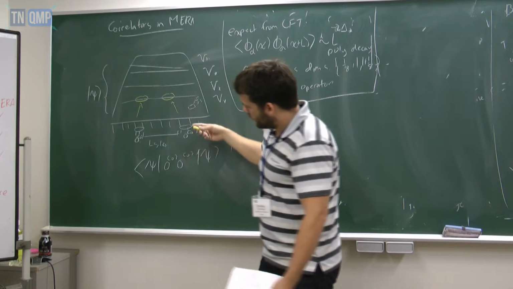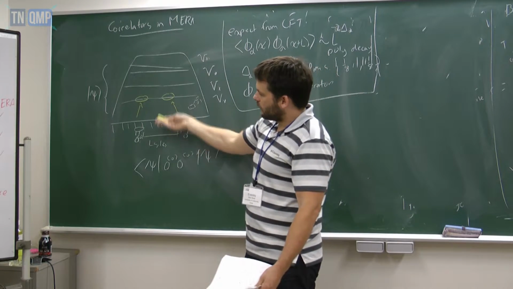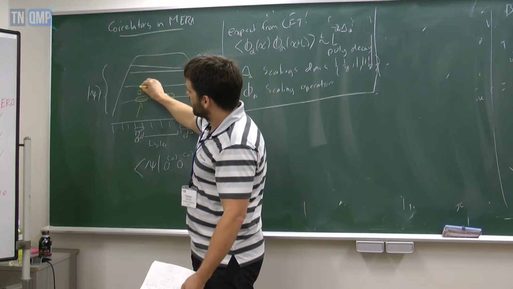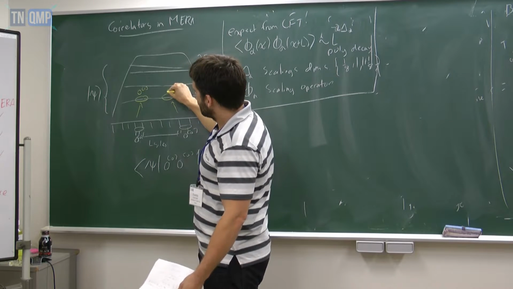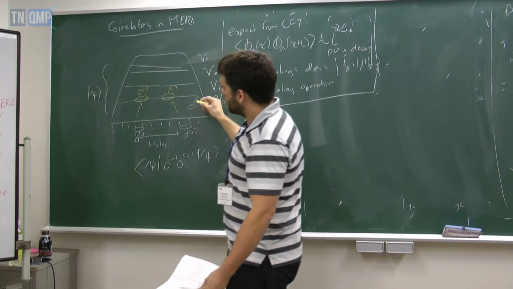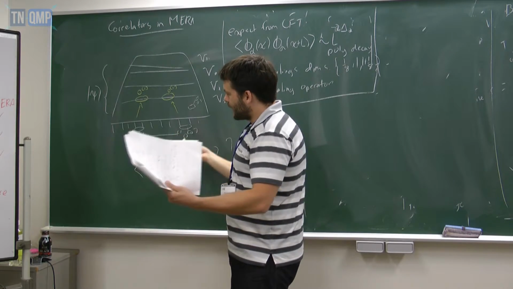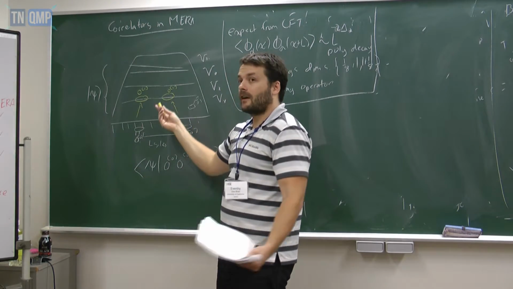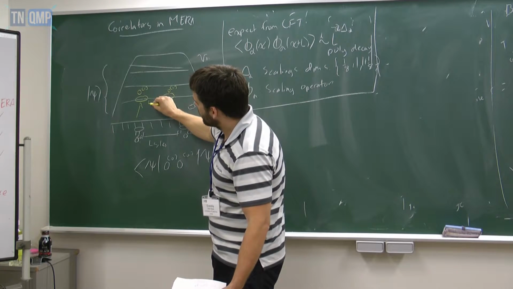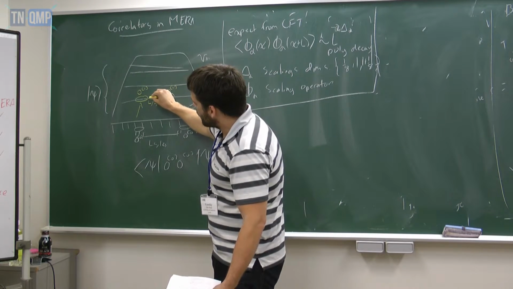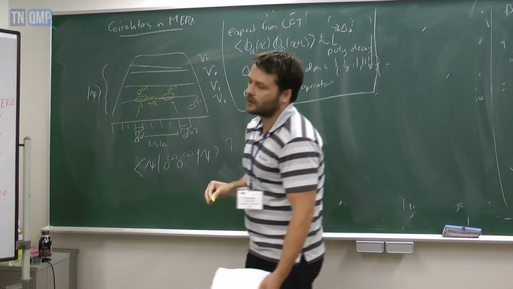So I could take these two operators and coarse grain them to some new operators, let's call them O1, living on my coarser lattice. Because I'm taking 3 sites into one with each coarse graining step, I now only have L over 3 sites between them in my coarser lattice.